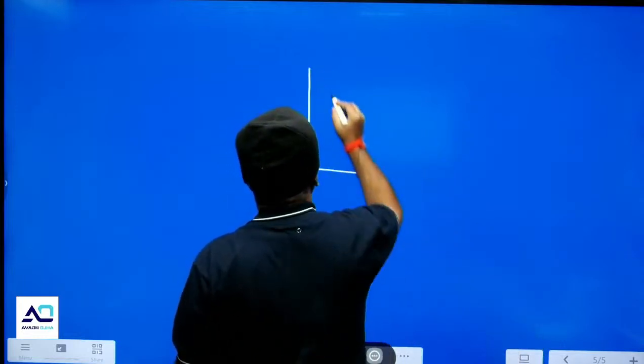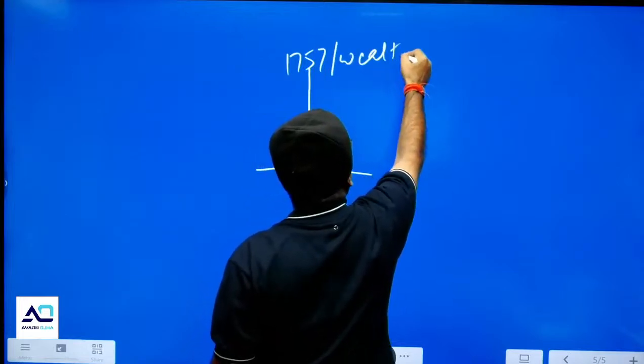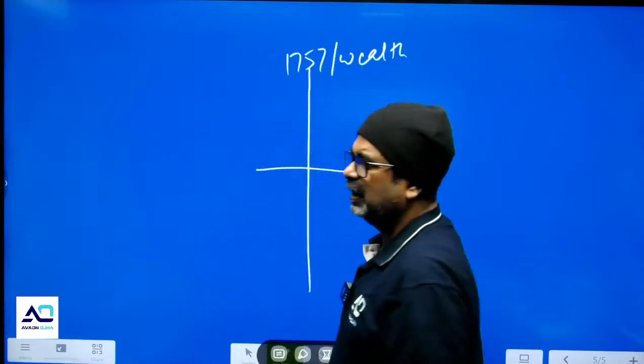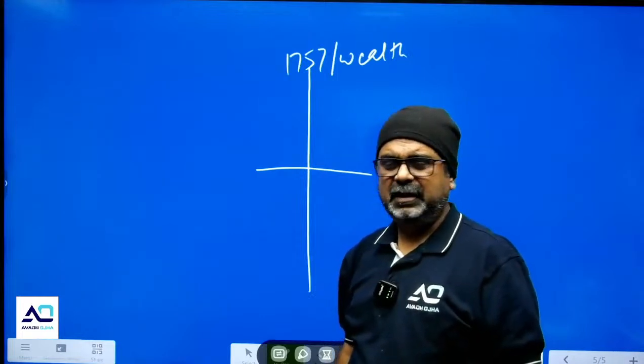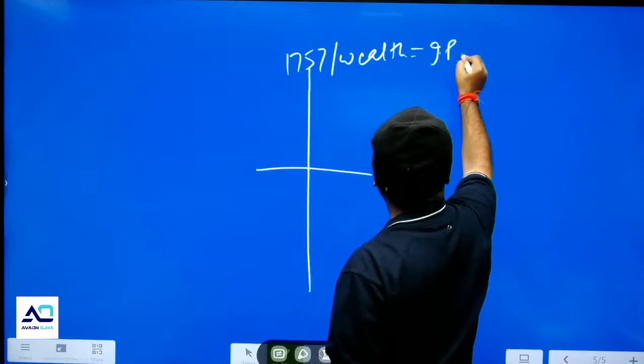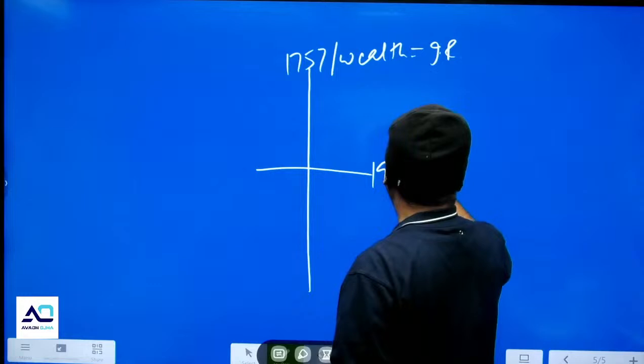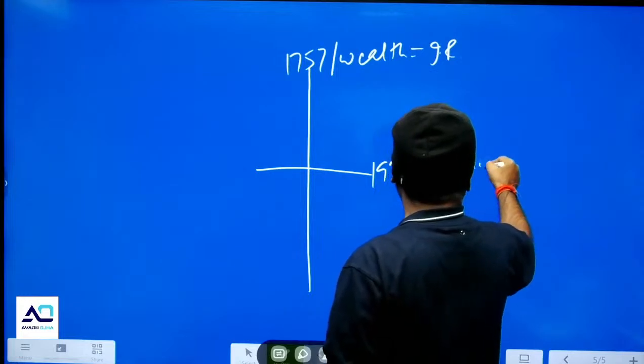After 1757, they took the wealth of India. This wealth gave promotion to the Industrial Revolution in Britain. In the 19th century, the manufacturing class became strong.